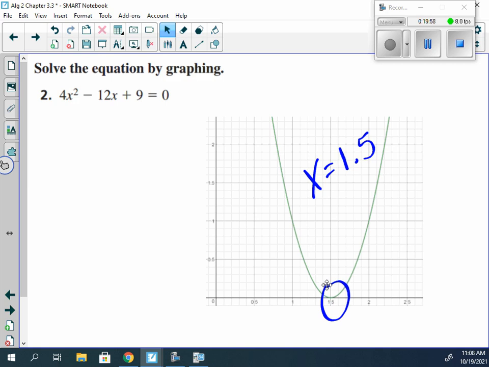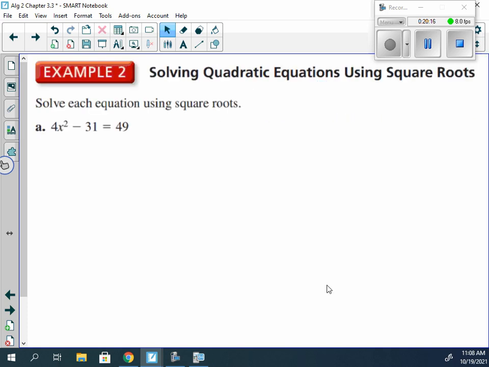Because if they are whole numbers, it'll give it to us directly and we're done. But if it's fractional or decimal, it doesn't work as well. If it's irrational, it won't work as well. Or if it is complex or imaginary, it doesn't cross the x-axis, it won't work as well. Now, any questions on graphing before we look at the next one?